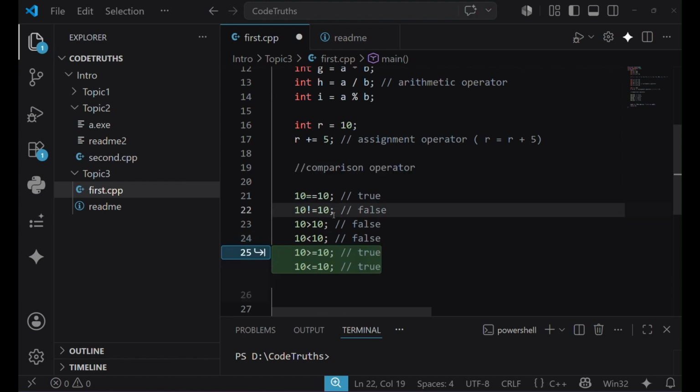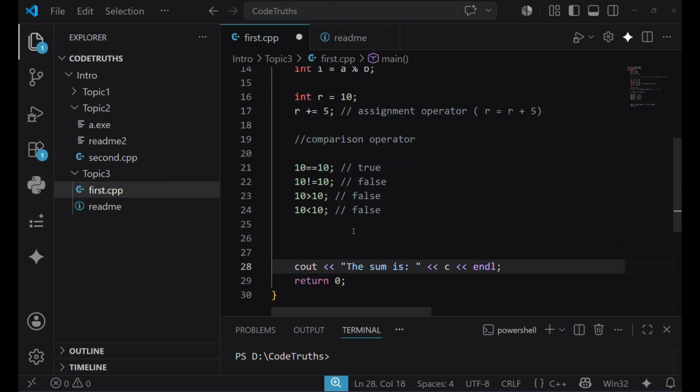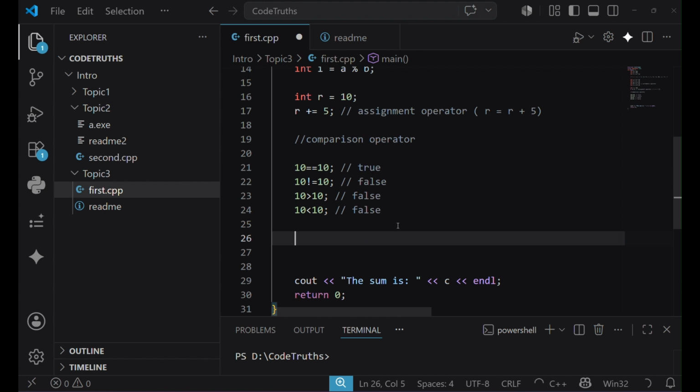This is not equal to, meaning this value is not equal to this one. This value is greater than this one. This is the less than sign. This is the less than or equal to sign. So like this, you can utilize the operators, giving instructions to the CPU to perform an action. And these comparison operators always return true or false, nothing else.